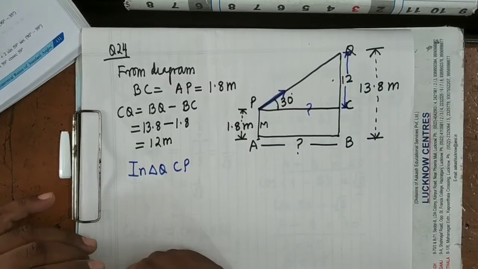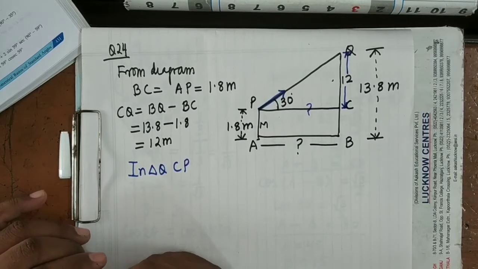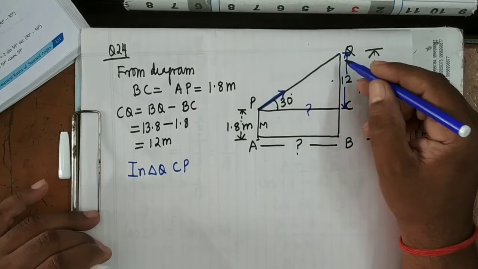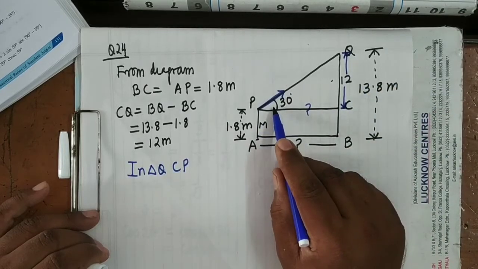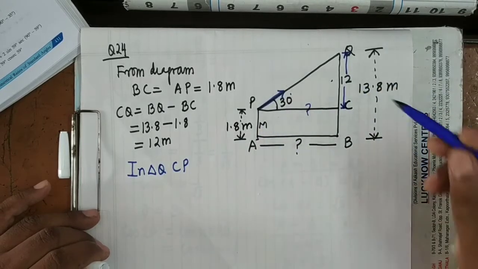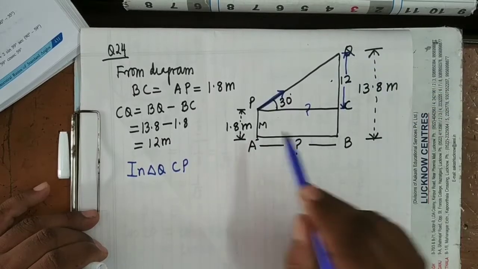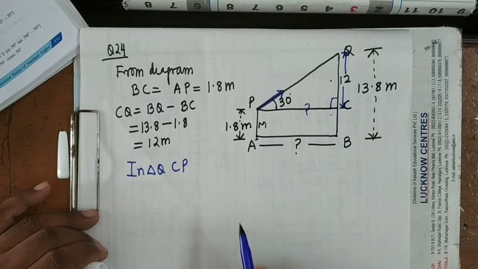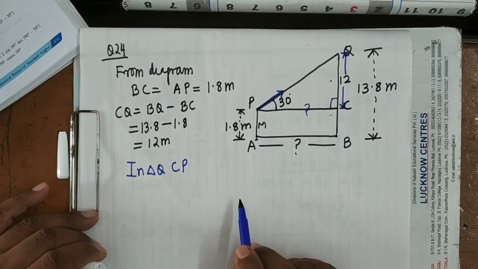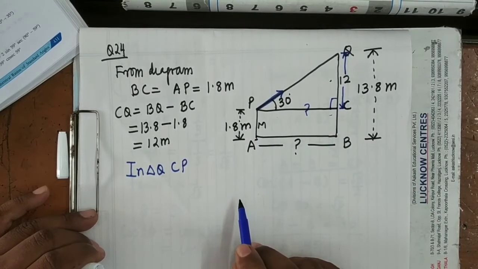It is clear. So which trigonometrical ratio relates CQ and CP with respect to this angle? If you see CQ and CP, these two sides are containing the right angle.